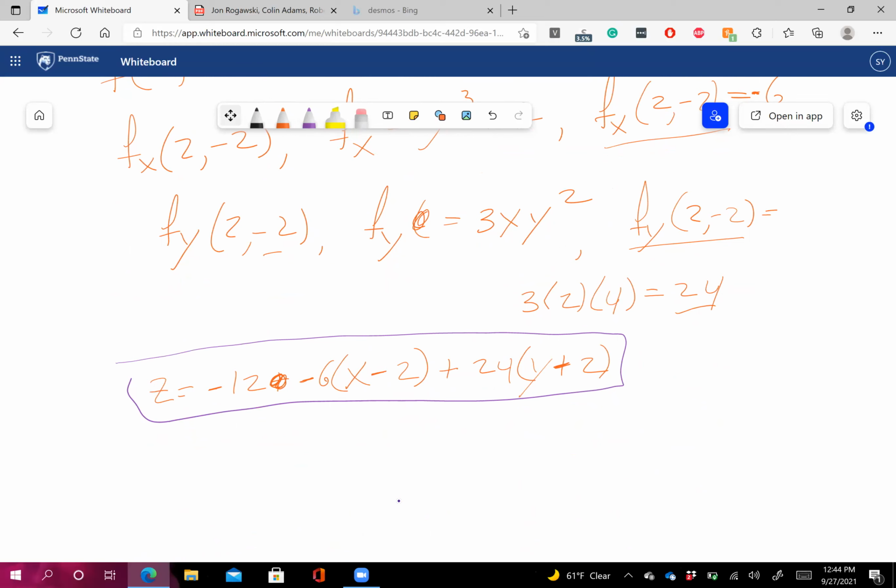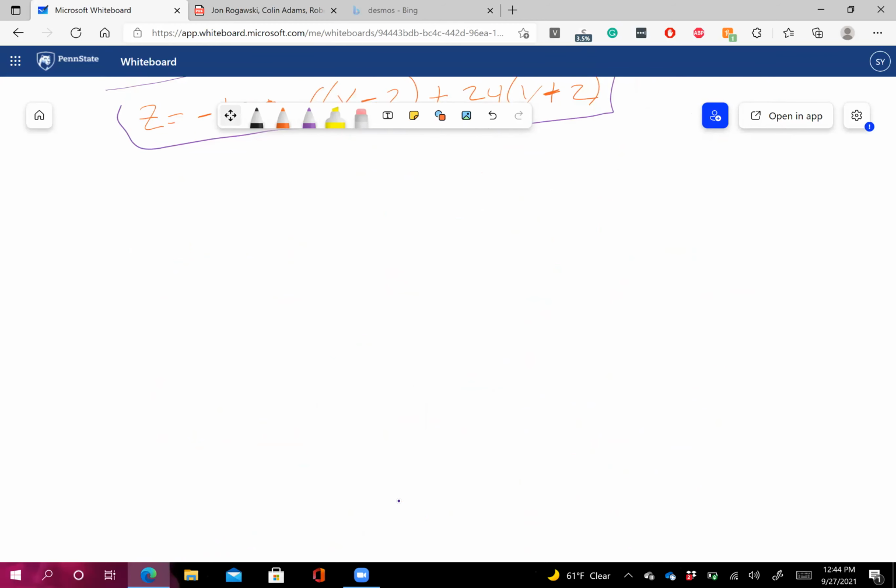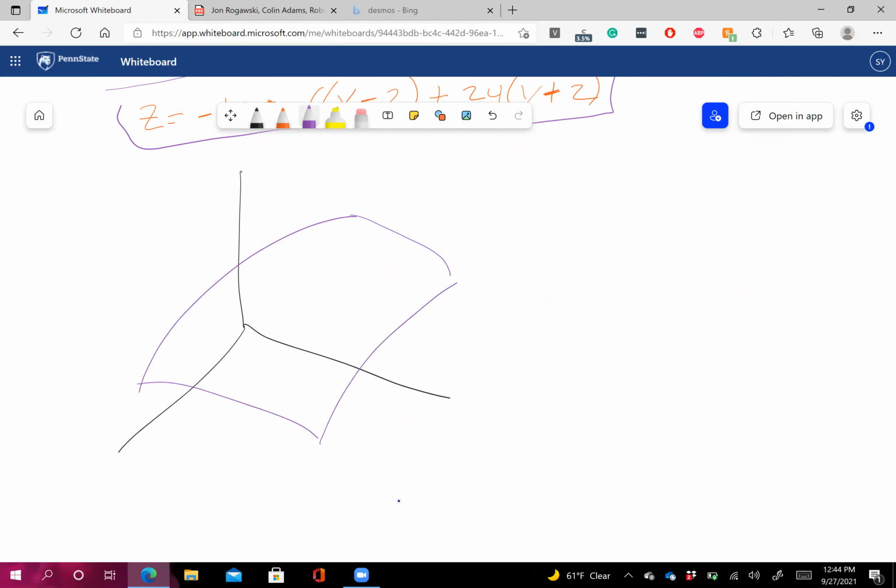So once we understand how to find tangent planes, there's another thing that we can do, which is to approximate our function at a point, or it's called linearizing the function at some point. If we have some function, we can create a tangent plane at the point P, which again is equal to A, B, f of AB.